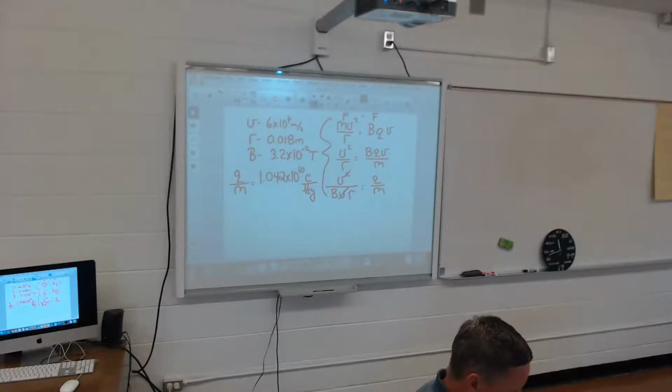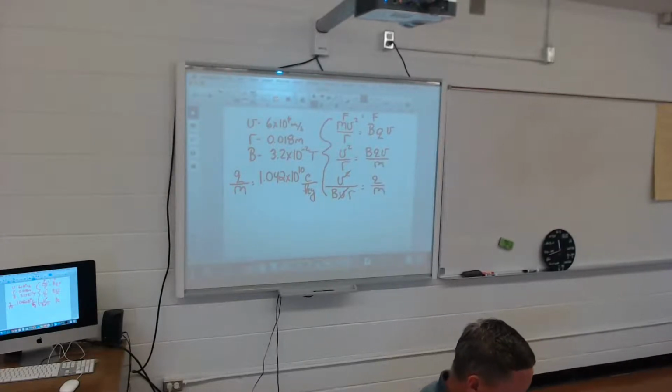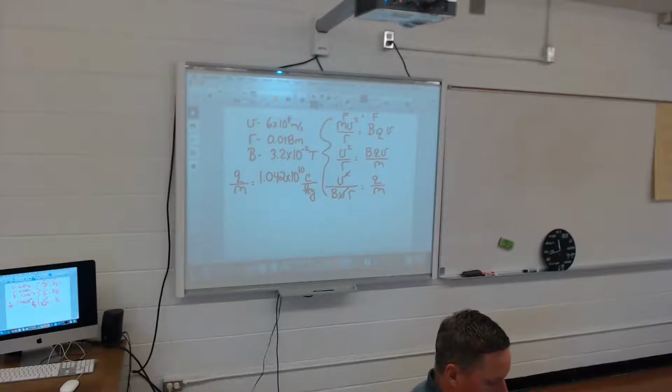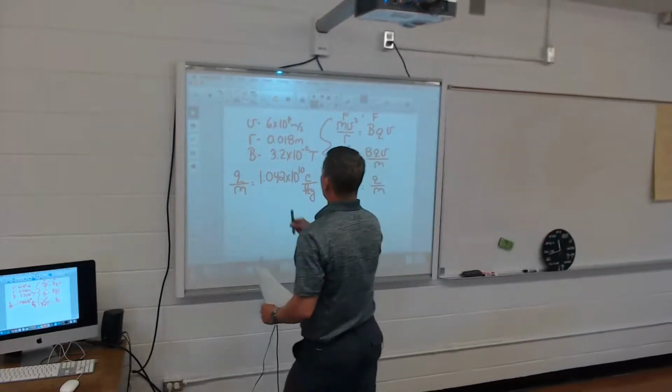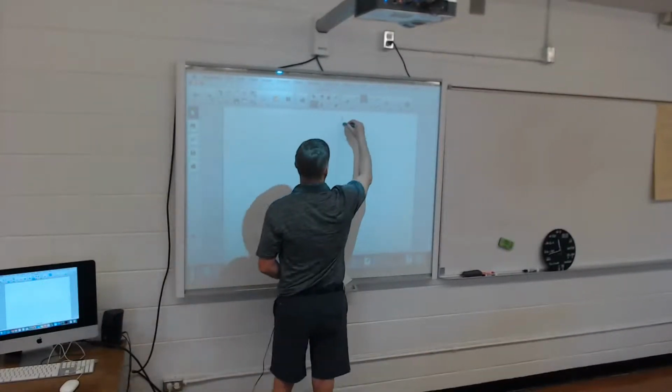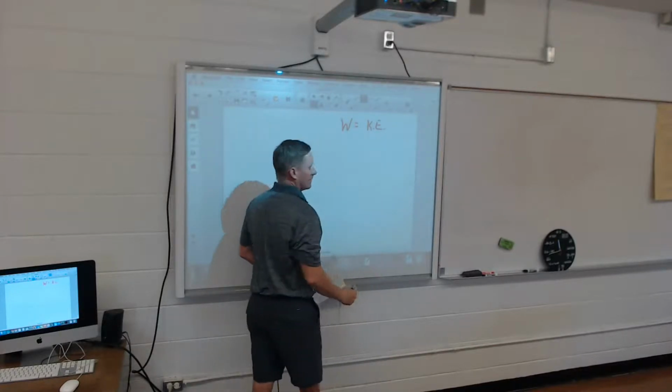The only thing I would have done maybe, Rory, is added on this formula sheet that I gave you, this new one, is add that mv squared over r is equal to force. Add it in the bottom right corner below that BQV. Okay. And then you may also want to add, for that one question in which we do work is equal to kinetic energy, right?